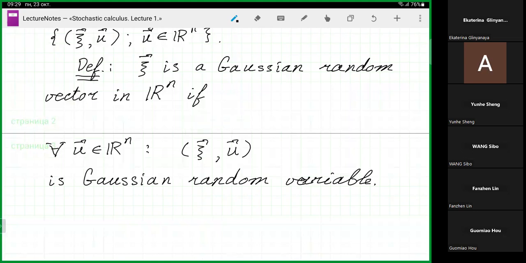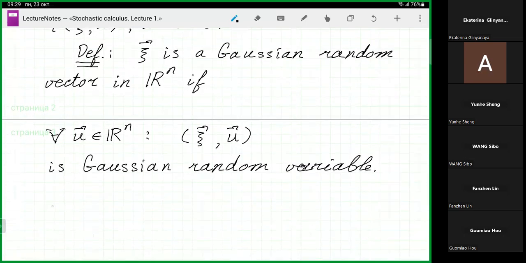A is the mean of our random variable, and sigma square is the variance. So it is desirable to have something similar for Gaussian vectors. And it is true, and we will be able to do this. So let us introduce the objects which are related to this case.